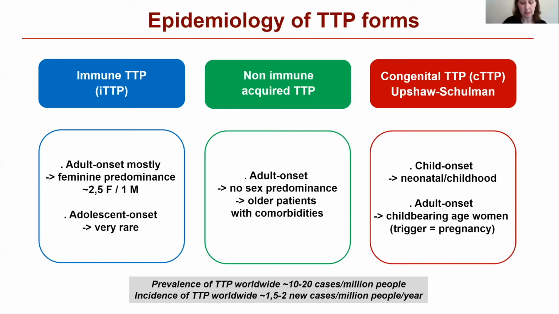Immune TTP is almost exclusively an adult onset disease with a feminine predominance. Acquired non-immune TTP is also an adult onset disease, but with no sex predominance and the presence of older patients' comorbidities. Congenital TTP has 2 peaks of frequency: during childhood and in childbearing age women during pregnancy.